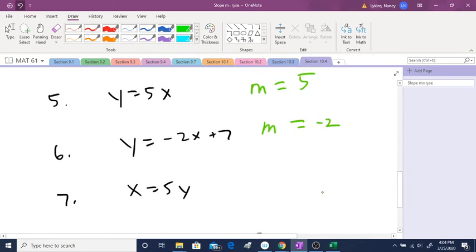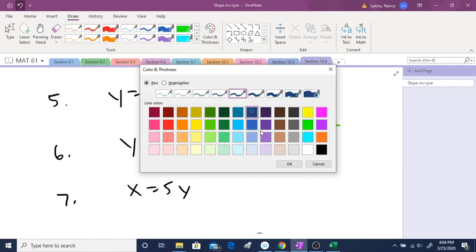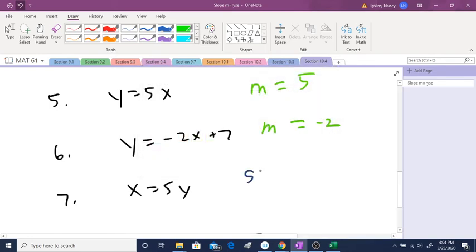Now, here's a common mistake. We'll just go ahead and say m is 5. You cannot do it that way. What we need to do is say, okay, 5y equals x, divide by 5, like how we've been doing. So y equals 1/5 x. So now the slope is the number in front of the x, which is 1/5.